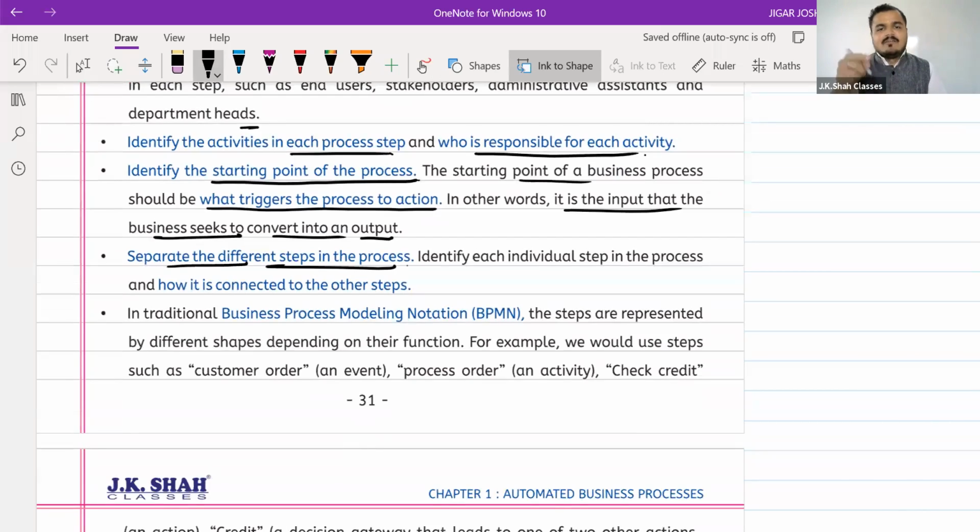Now you understood, people, why I was making one extra box. As far as it is possible, always try to separate the boxes. Always draw the flowchart in a simple manner. Don't make the flowchart complicated. Agree? Identify each and every individual step in the process and how it is connected to the other.